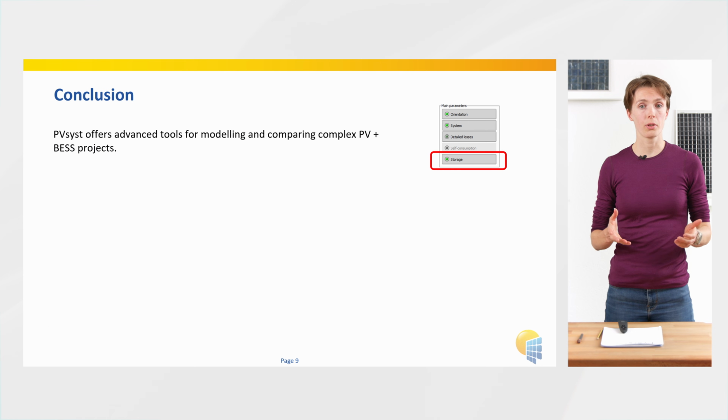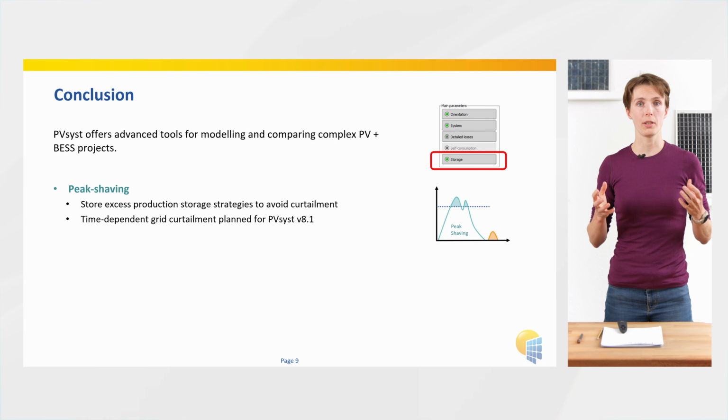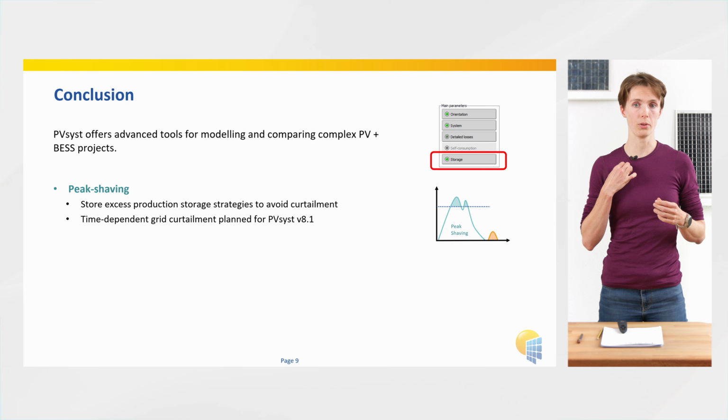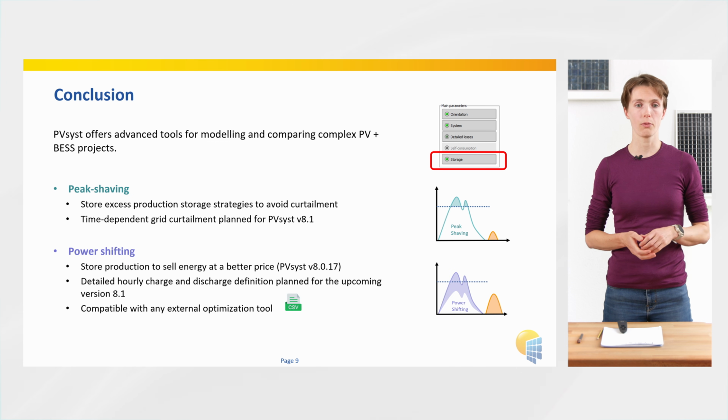So the conclusion is that there's no single strategy that will work for any place or any system, but you really have to check for each location the best choice of operation strategy, and take into account battery degradation.